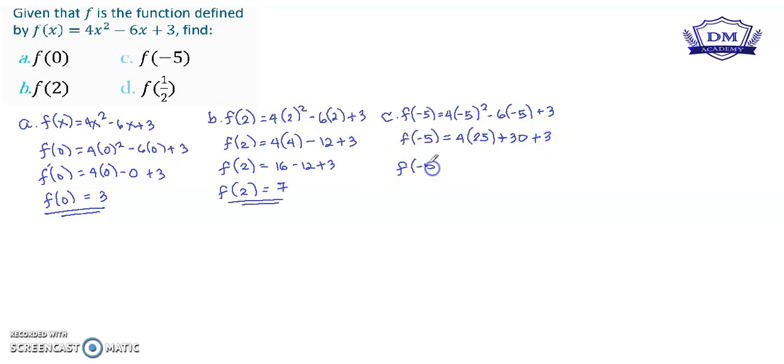So f of negative 5 is equal to 4 times 25 is 100, plus 30 plus 3. So f of negative 5 is equal to 133.